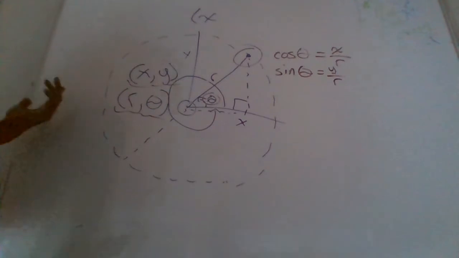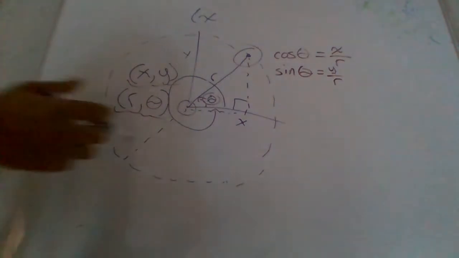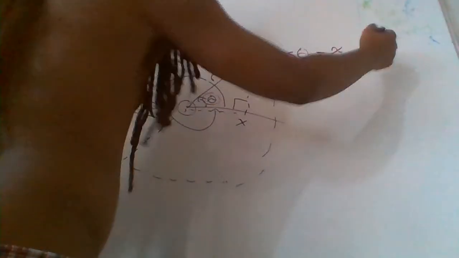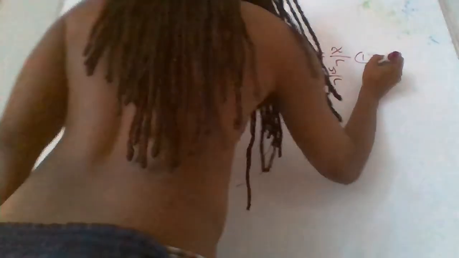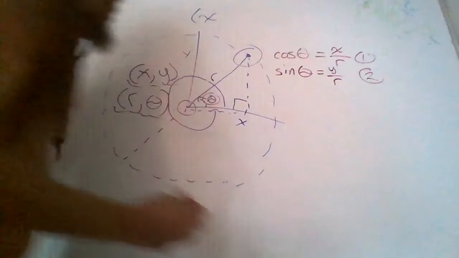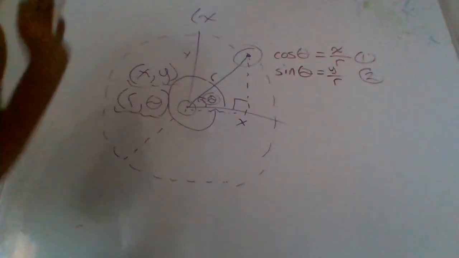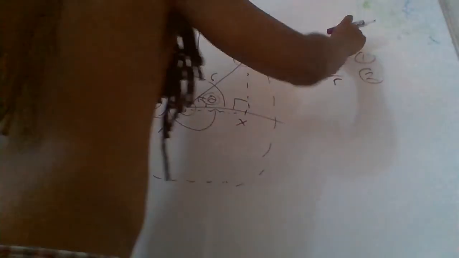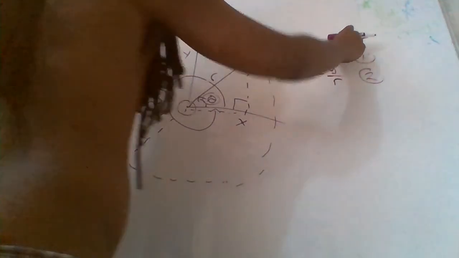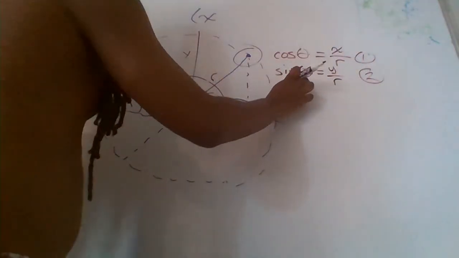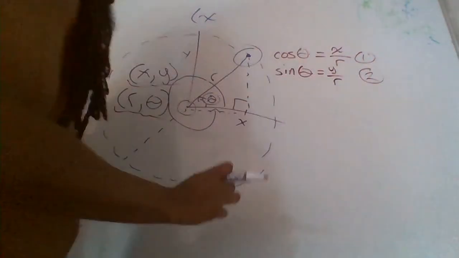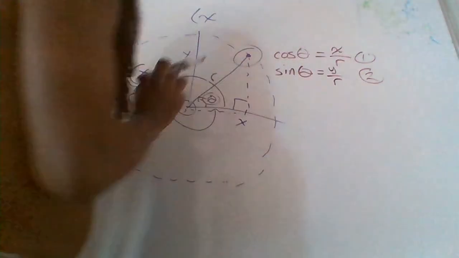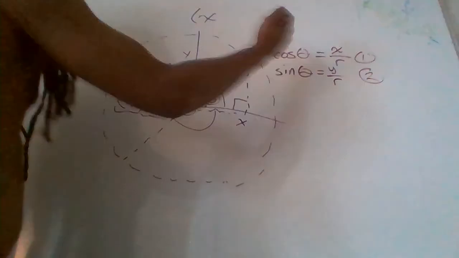Now, from these two equations, we can now describe x and y in terms of r and theta. We're going to do this all at once.